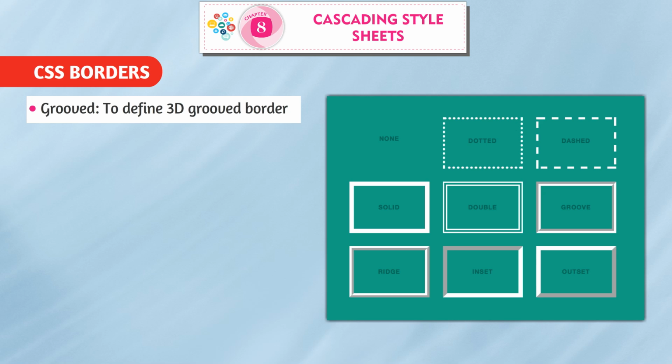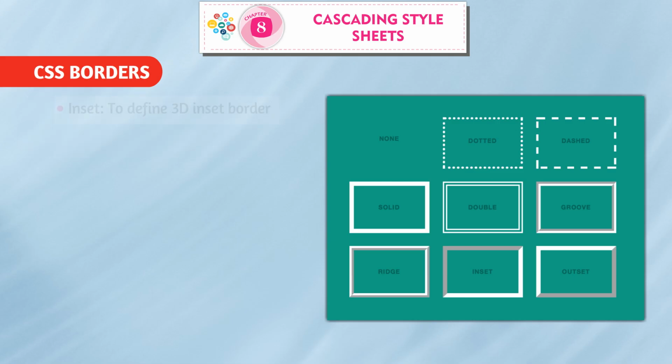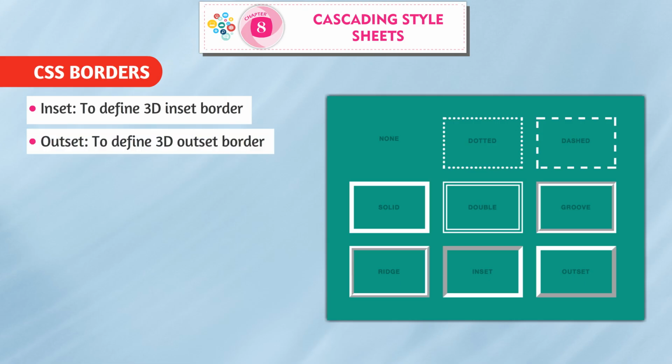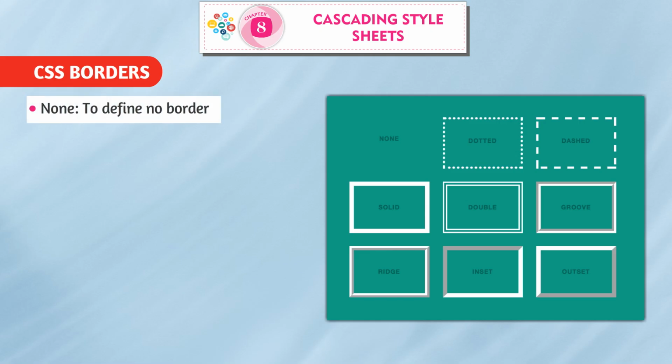Grooved, to define 3D grooved border. Ridge, to define 3D ridge border. Inset, to define 3D inset border. Outset, to define 3D outset border. None, to define no border. Hidden, to define hidden border.